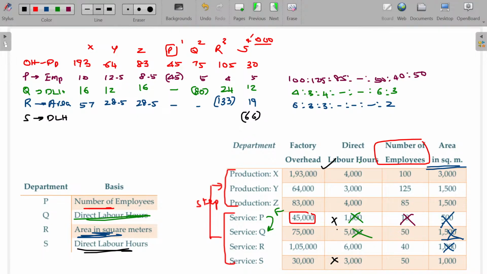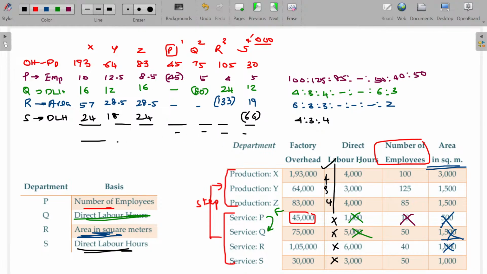So I forget about these also. Now only 4 : 3 : 4 is the ratio. Distribute this one, 4 : 3 : 4. Now the values are 24, 18, 24.